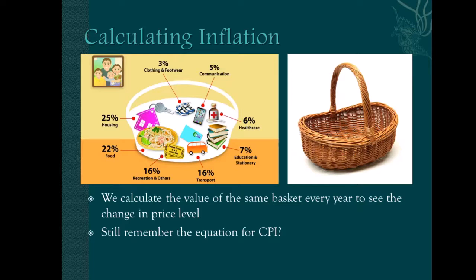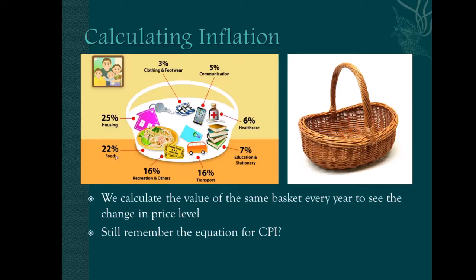So you are correct, Andrew. It depends on how much they spend on the particular items. So we give them a specific proportion of importance in the basket when we are calculating the value of the basket. You can see that for this country, for the typical household, housing is a very important thing, and that's why they put a very high emphasis on housing.